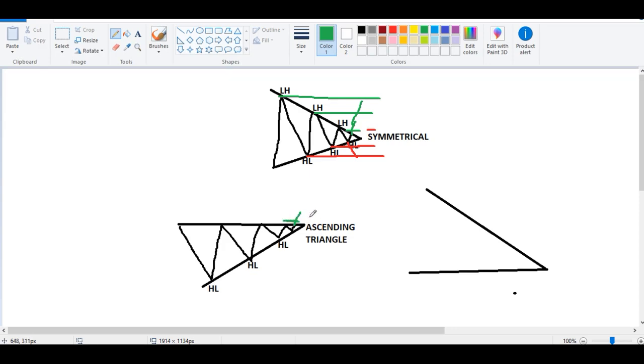The way we calculate the target is you either take the parallel line to this bottom trend line, or you calculate the distance from that high to where the triangle starts forming, the mouth, which will be exactly the same as the parallel line. That will be your final target.